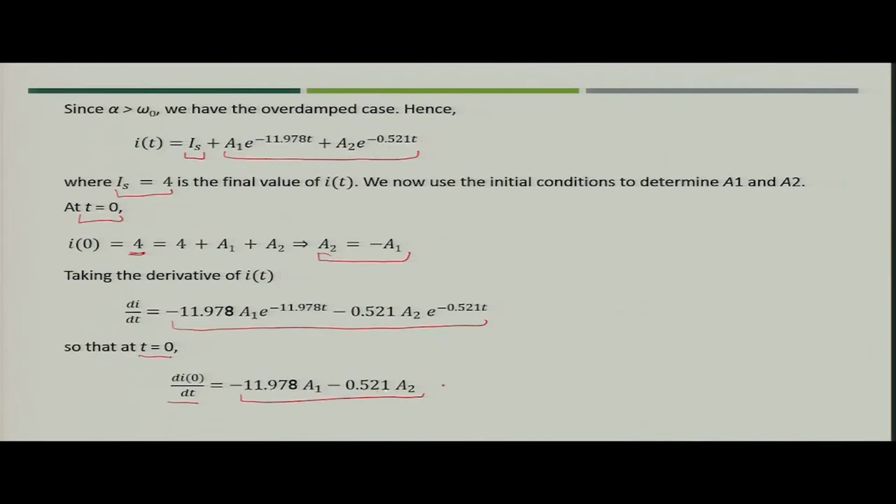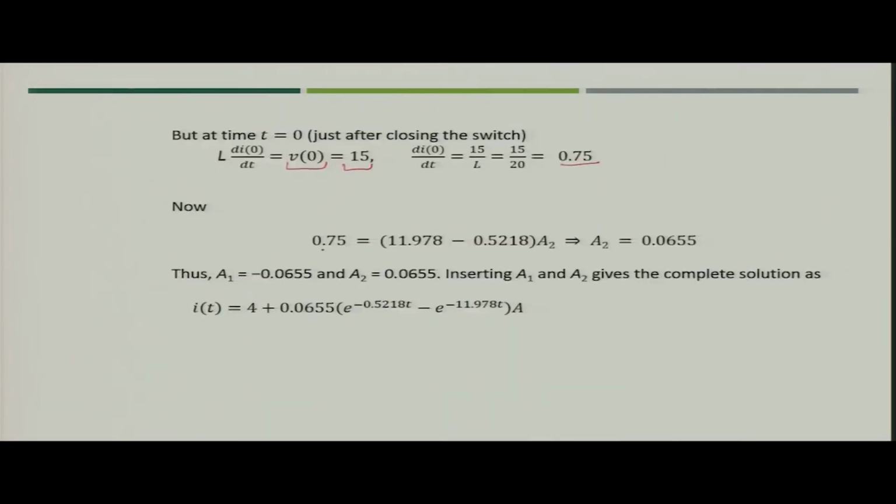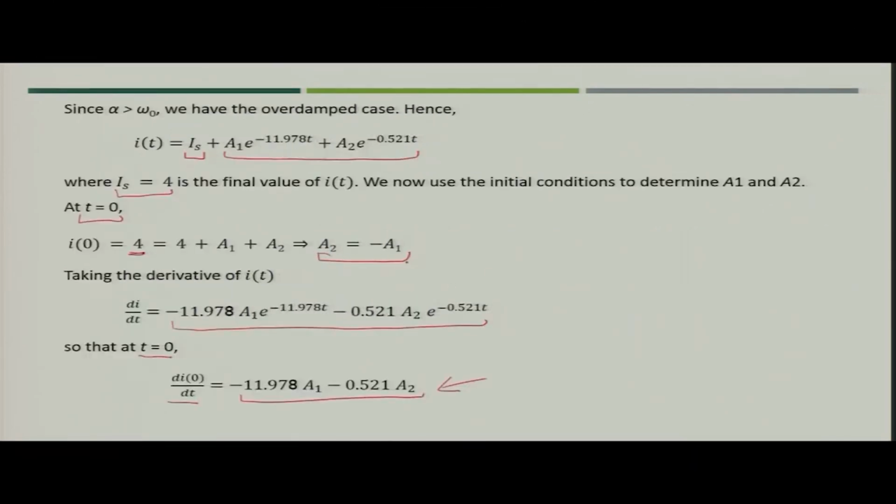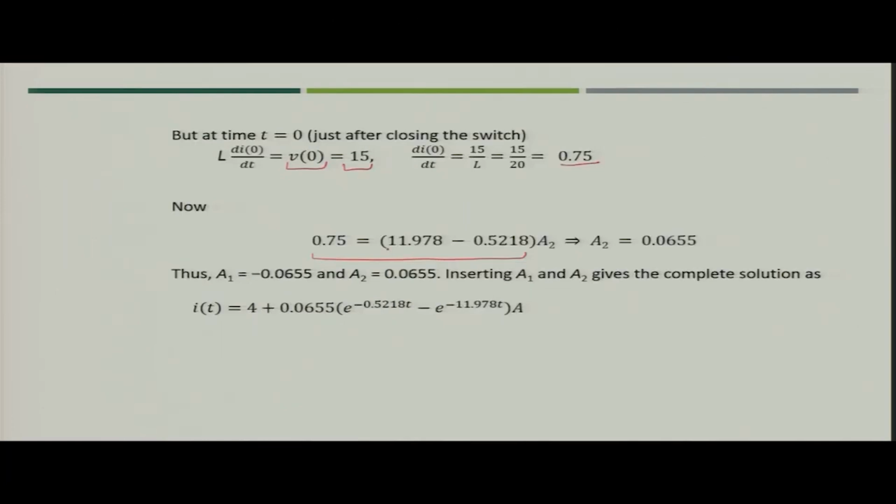Now, you put the value in this equation, so you get the value of A2. You can use the expression which we calculated when we put t equal to 0, the relationship between A1 and A2 when i at t equal to 0 is 4 ampere. So now we have two equations and we can solve them and get the value of A2, and similarly the value of A1.